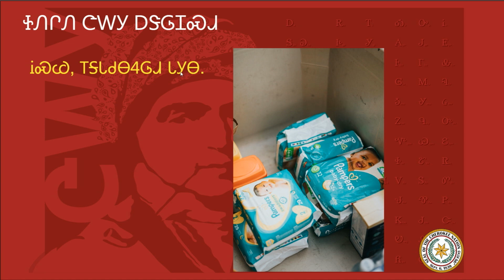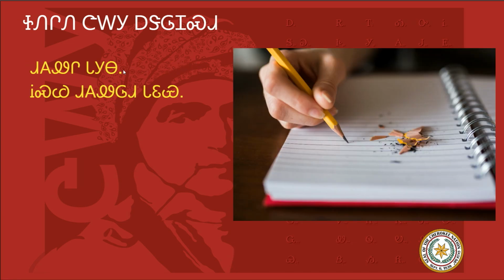I have some diapers. Digo huel dagina. I have a notebook. Sku digo huelo daguya. Also, I have a pencil or something to write with, right? Or I have more than one. Daguya, I have some pencils, right? So also I have pencils.